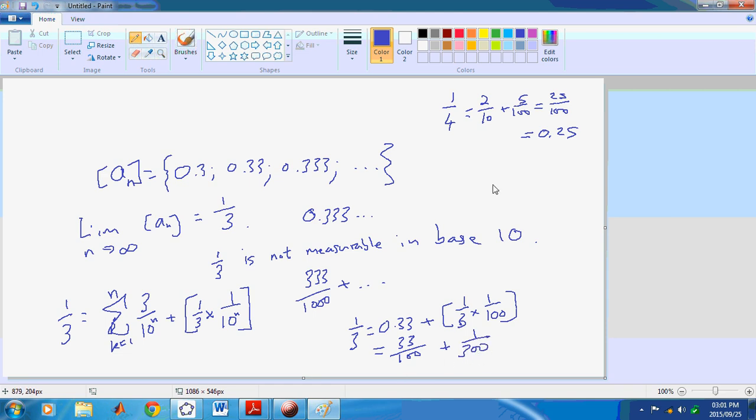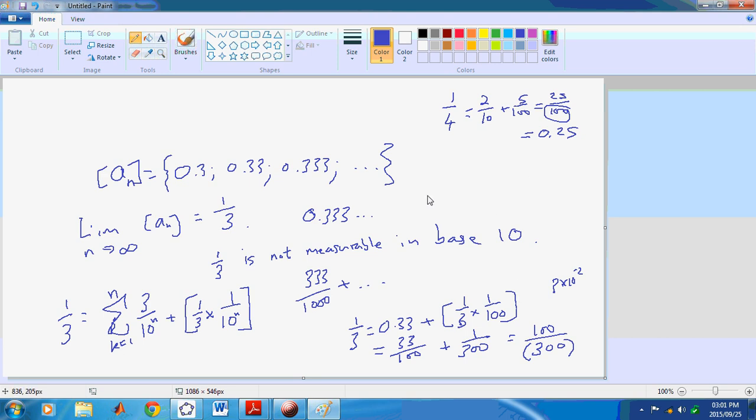Now remember what I said about being equivalent to a fraction in base 10? The denominator has to be an integral power of 10. This denominator here is not going to be an integral power of 10. In fact, it turns out to be 300, and 300 is not an integral power of 10. So for example, there we have 10 squared, but here we have 3 times 10 squared.